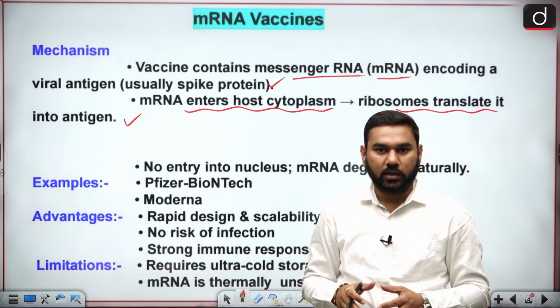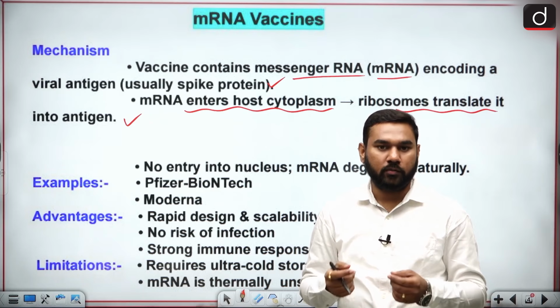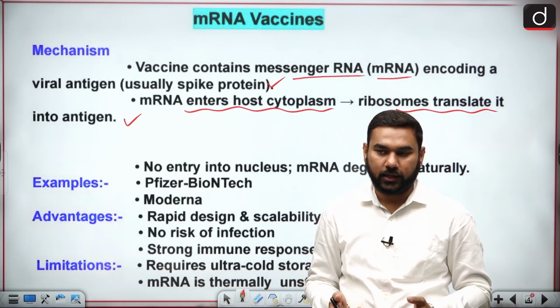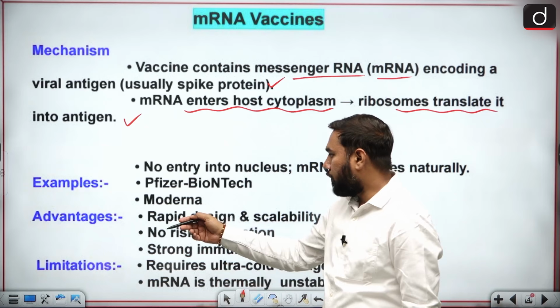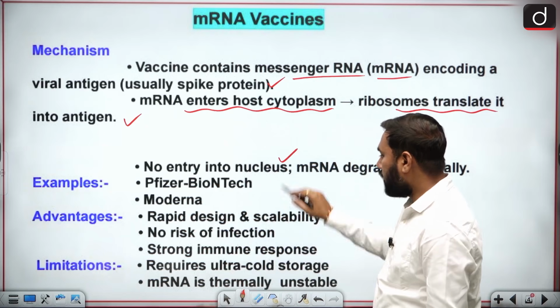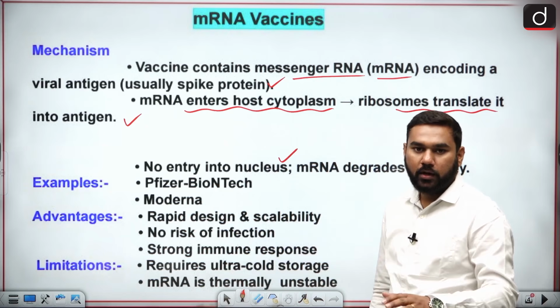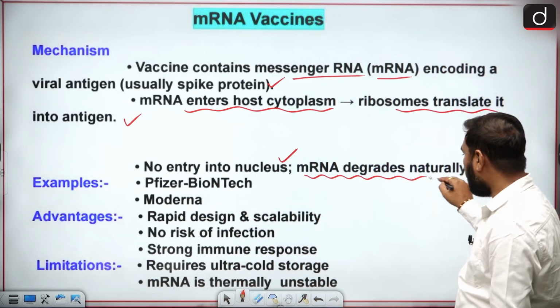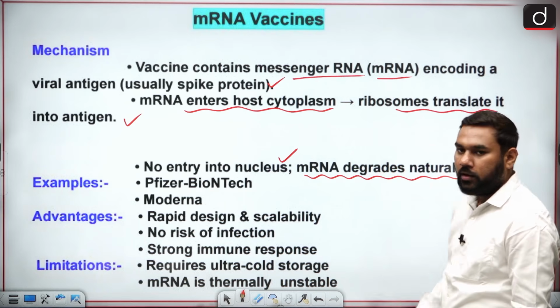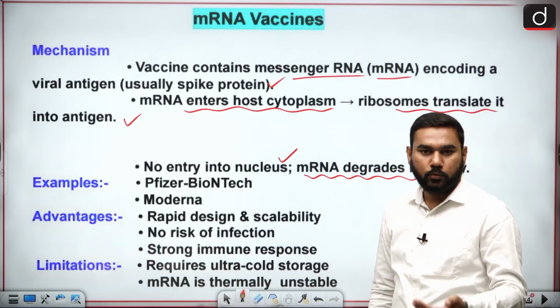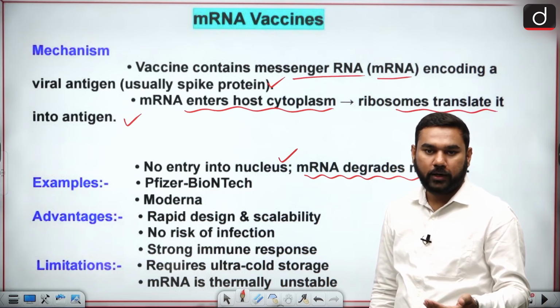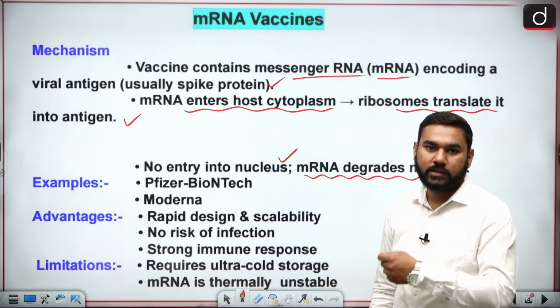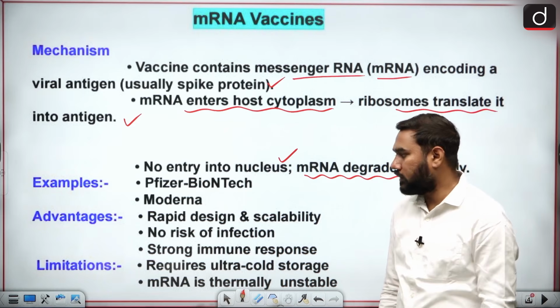And this activity is against the body's function, and then our immune system becomes active against it. There is no entry into the nucleus because we don't use DNA or a whole cell. There is only mRNA, which is only a part, and this is degraded naturally, because when your body makes antibodies against it, these antibodies kill the mRNA which you put in by the vaccine.